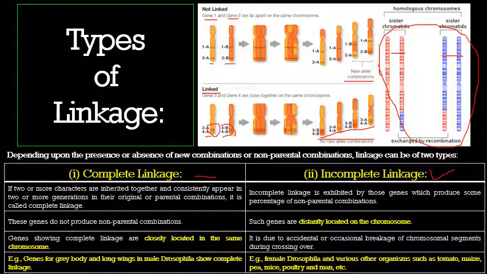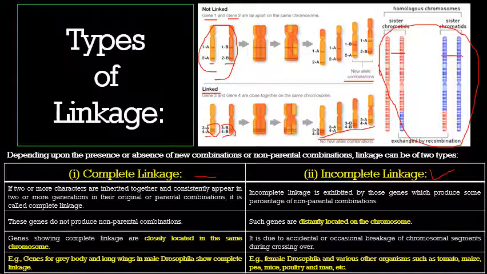In case of complete linkage, the second point is that these genes do not produce non-parental combinations, while in incomplete linkage, such genes are distantly located on the chromosome. So these not linked genes are distantly located on the chromosomes.